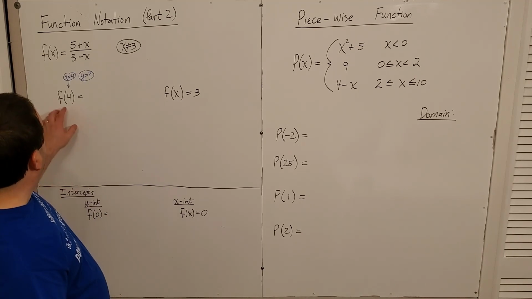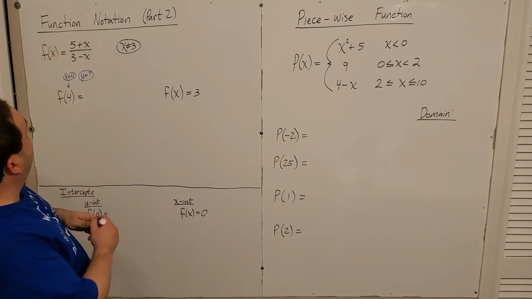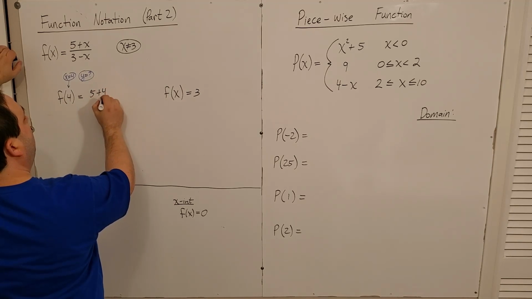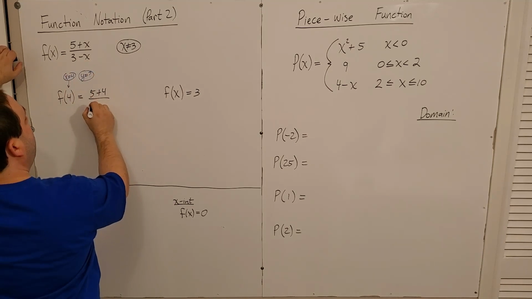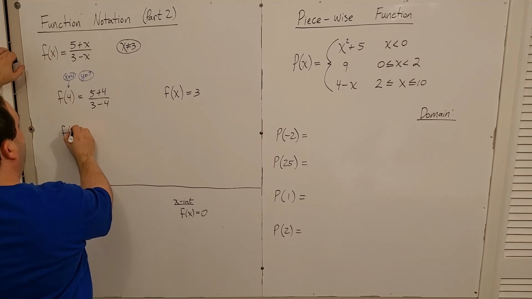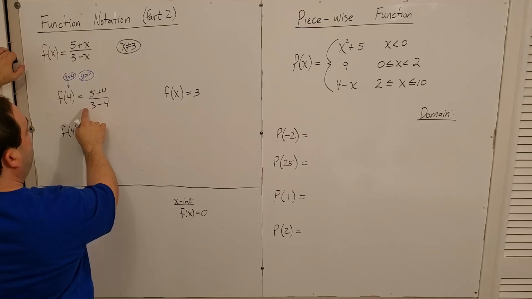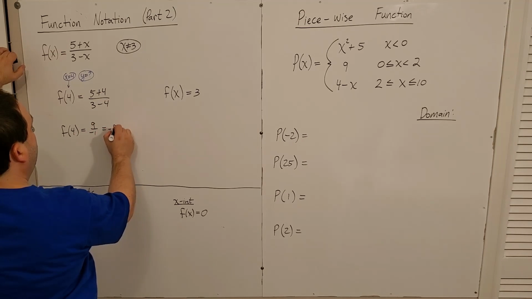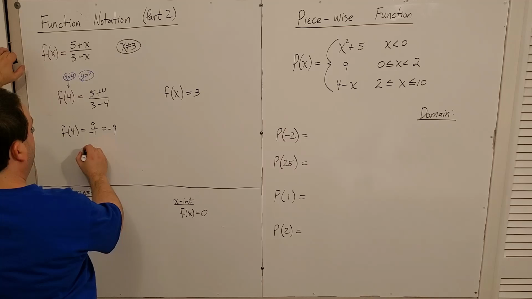Well, straightforward. F of 4, I plug the 4 into x. So 5 plus 4 over 3 minus 4. F of 4 would then be 9 over negative 1, which is negative 9. So f of 4 is negative 9.